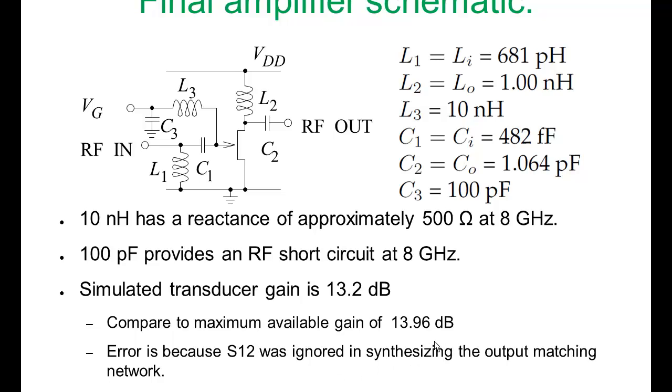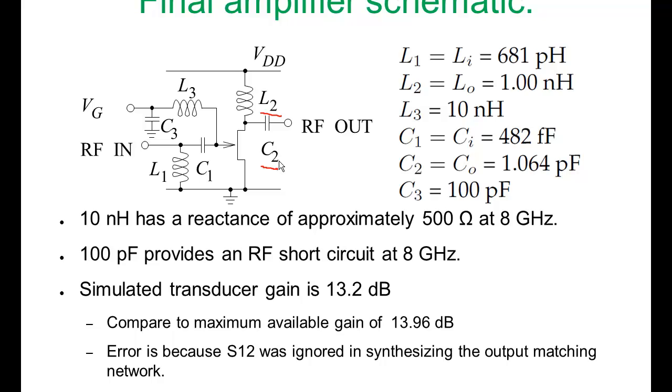So now we can see what we are able to achieve in terms of integrating the bias network. Well, the values of L2 and C2 are just the values that came from our output matching network design, and fortunately we're able to use these elements as part of our bias circuit as well. In our matching network design, we had L2 connected to ground.